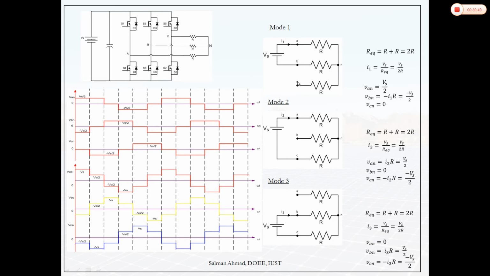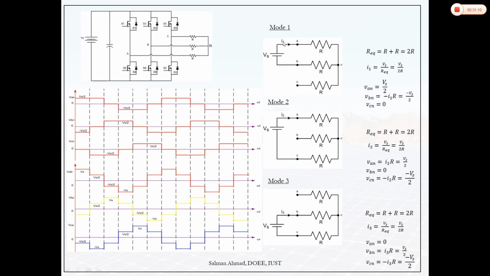Now we have to find the voltages VAN, VBN and VCN. First you have to calculate the current. These two resistances are connected in series, because no current will flow from this side, it is an open circuit.